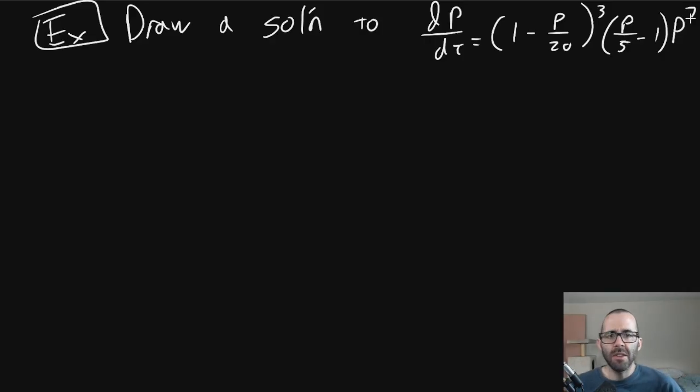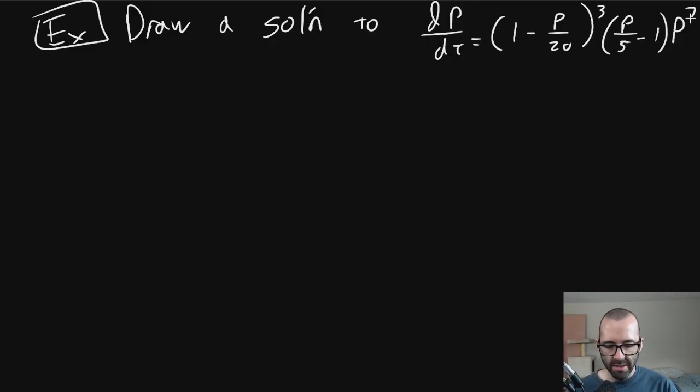And I want you to try to do this on your own. Pause the video. Try to create your own phase line and your own solution sketch. See how far you can go, and then unpause it to get some hints if you need it, and then pause it again in the middle solution and see how much of this you can do on your own. Okay? All right, so let's start.